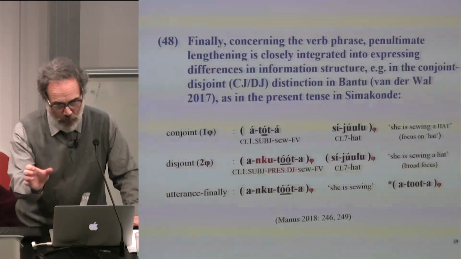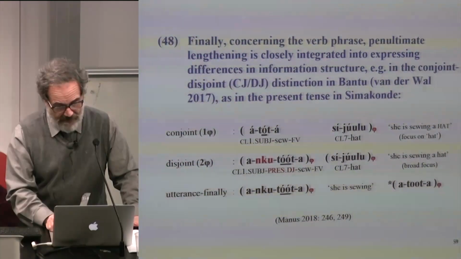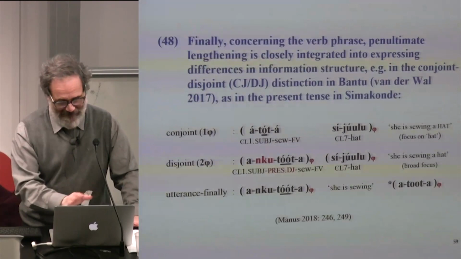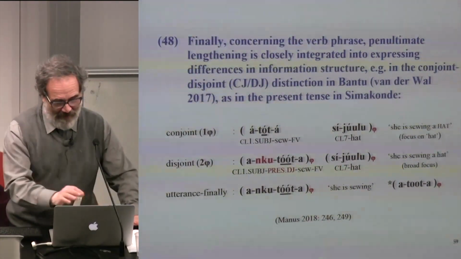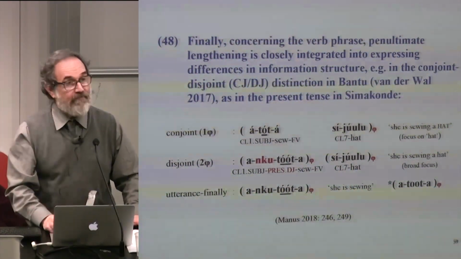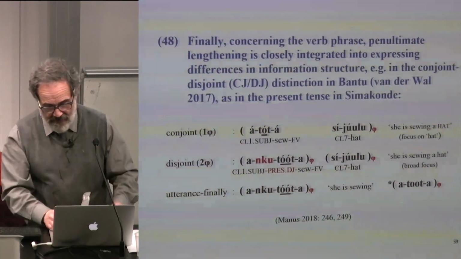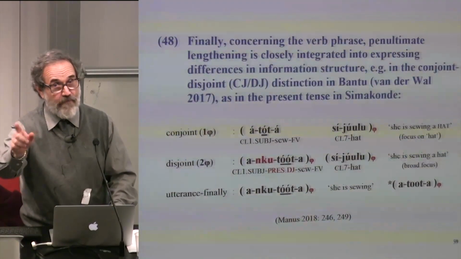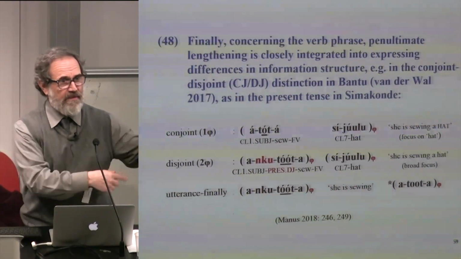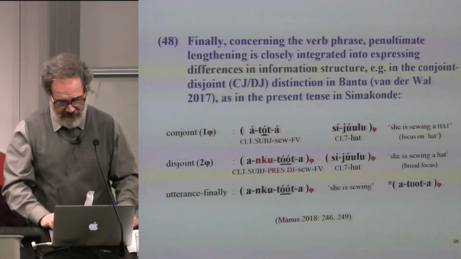I'm getting my languages mixed up myself. There's no lengthening of the vowel of the verb because it phrases with hat, and the meaning is she's sewing a hat and focuses on hat, not something else. Even for contrast, it could be like that.